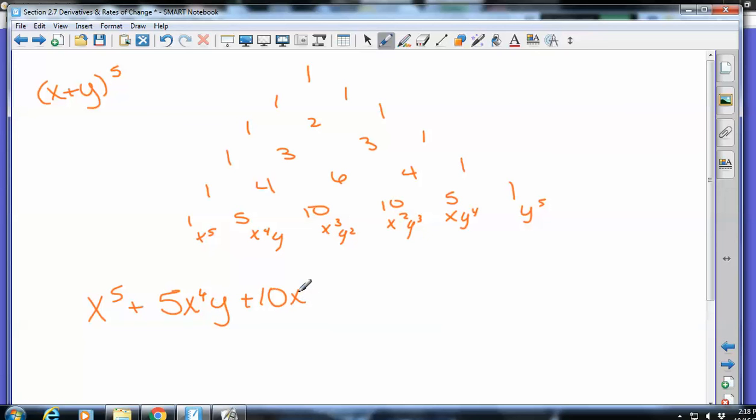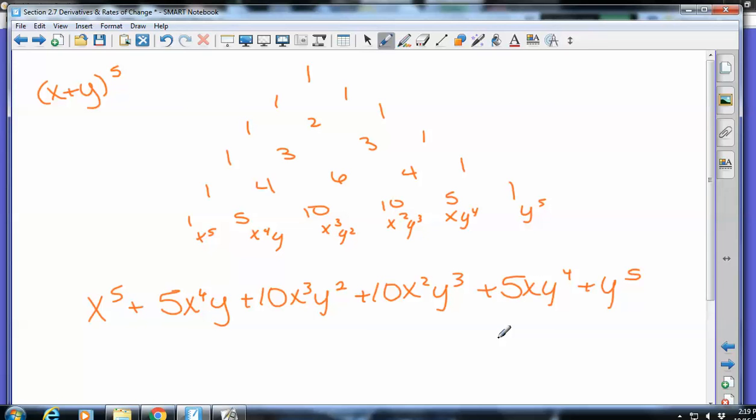So you get x to the fifth plus 5x to the fourth y plus 10x cubed y squared plus 10x squared y cubed plus 5xy to the fourth plus y to the fifth. A lot faster than just multiplying it all out 5 times. This is just a shortcut.